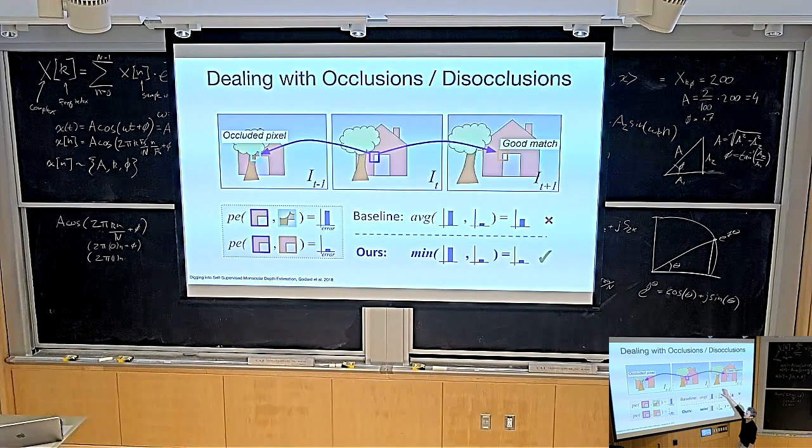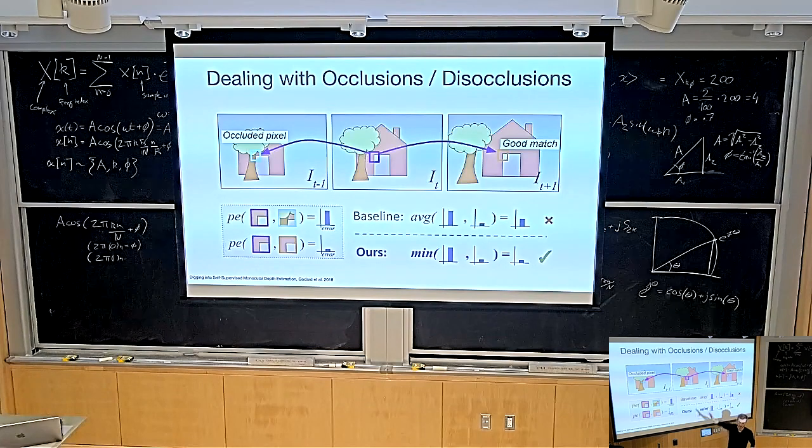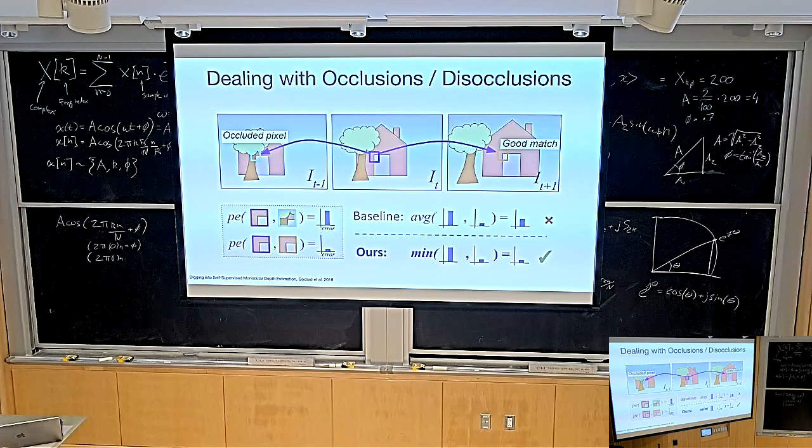So the problem with things that are moving, one problem is that you get occlusions and disocclusions, right? So for instance, if you take your finger and you move your head from A to B, then you can explain almost all the pixels in this camera pose with the pixels that you observe from this camera pose, except for a few of them.